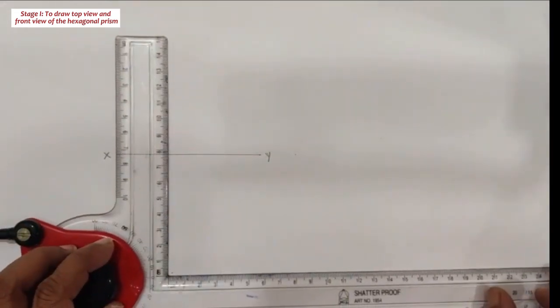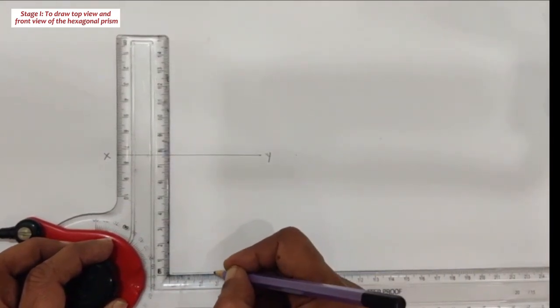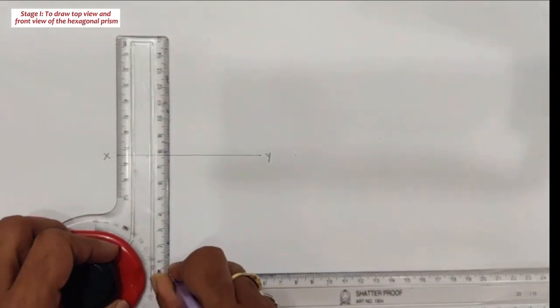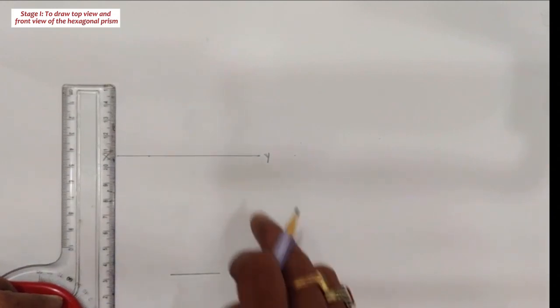So draw one of the base sides parallel to the vertical plane, that is parallel to the XY line. Here base side length is 30 mm. With base side length as 30 mm, construct the regular hexagon.